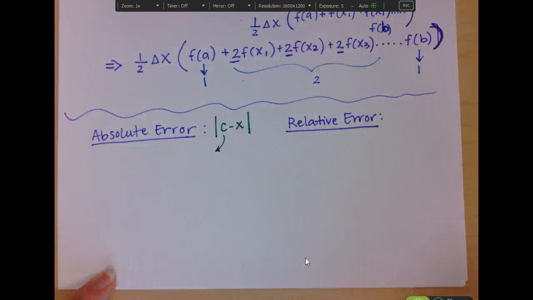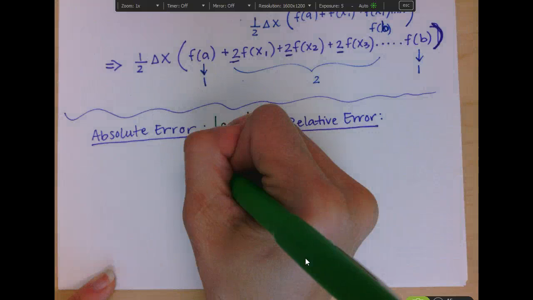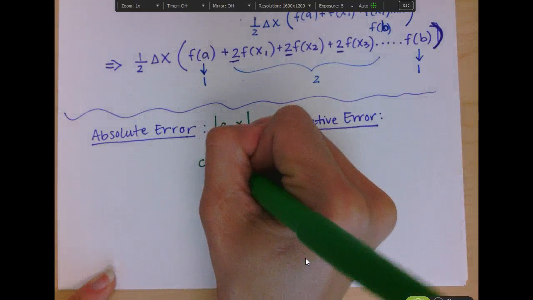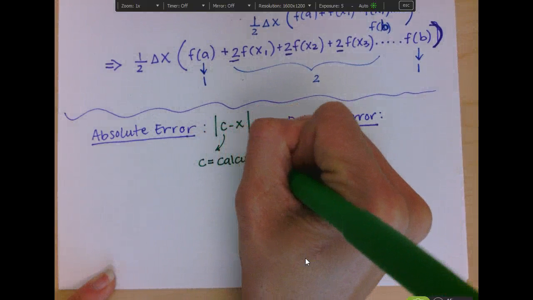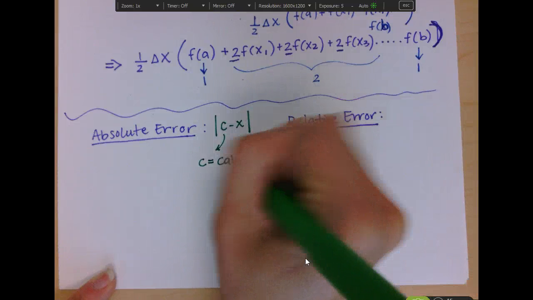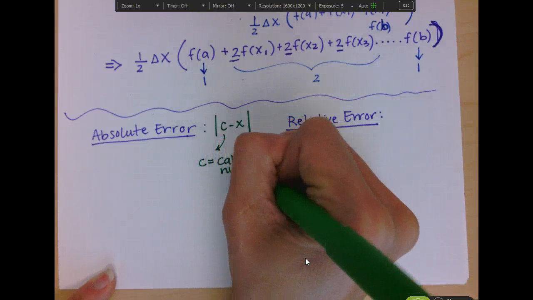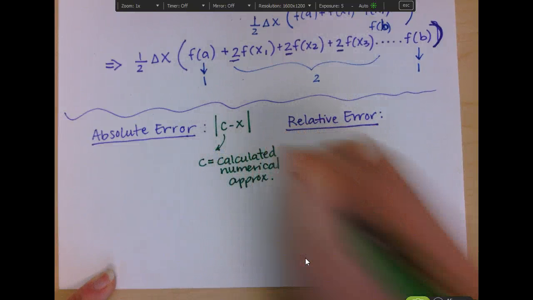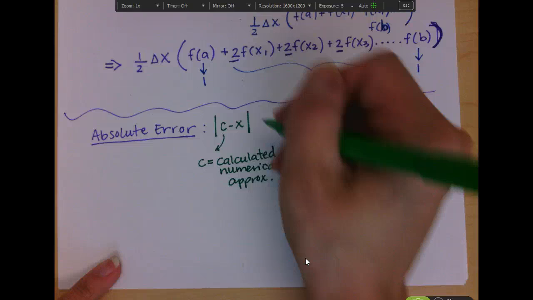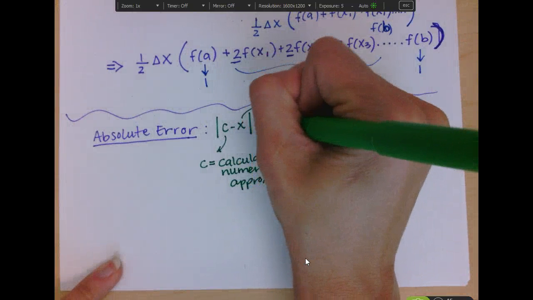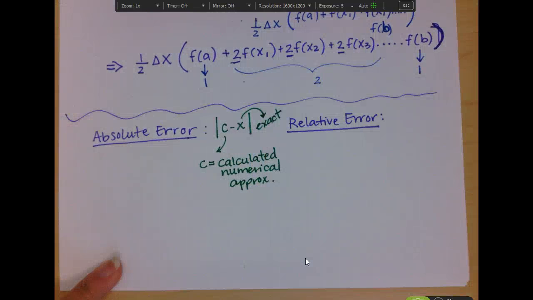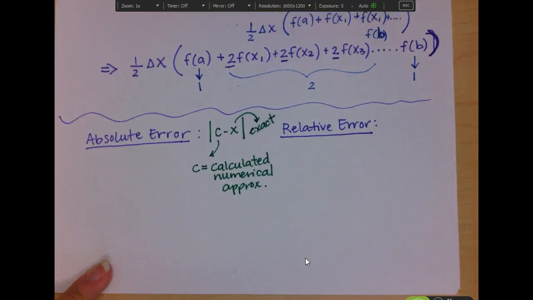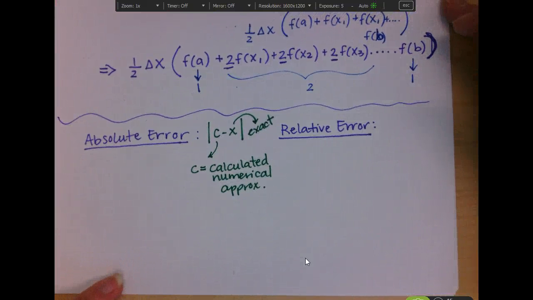So here we see a C, and C is going to represent the calculated numerical approximation, whereas X is going to be our exact answer that we would find using analytical techniques of integration.